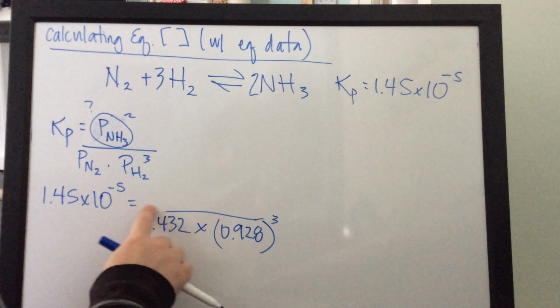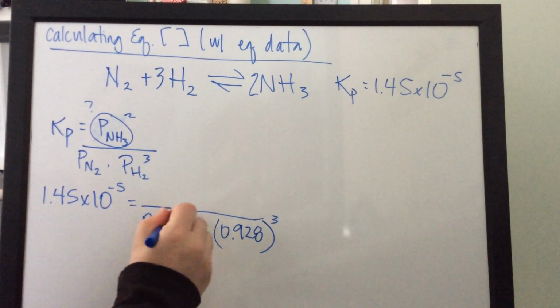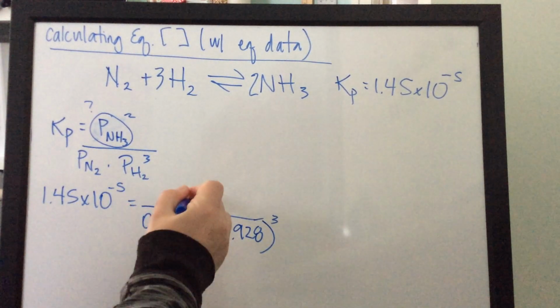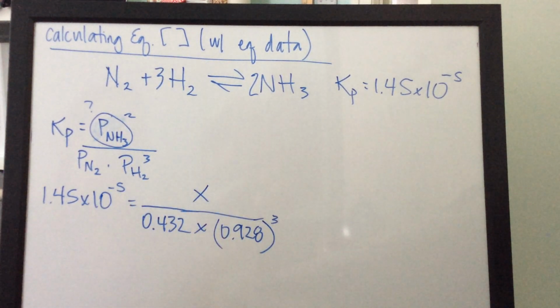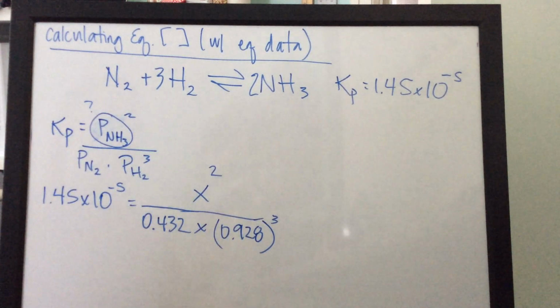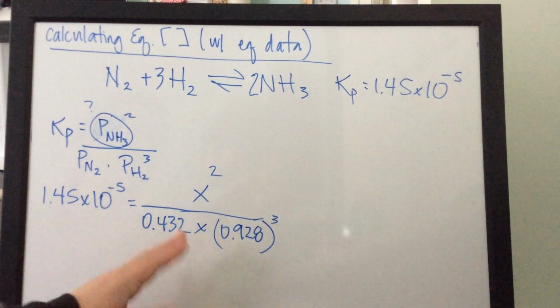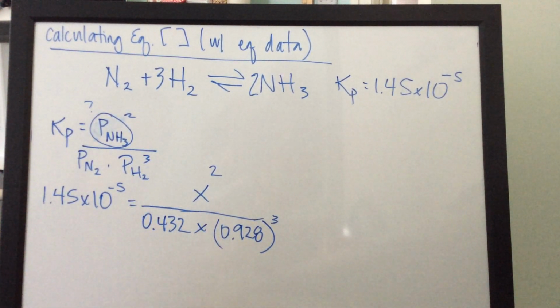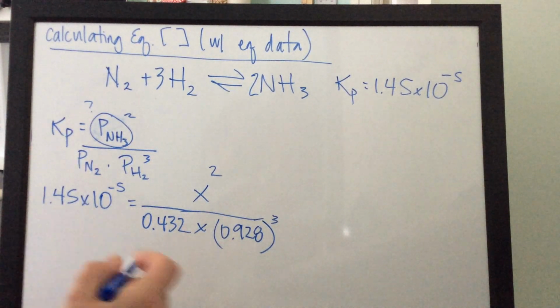Let me clean this up just a little bit. In this case, I'm going to solve for the partial pressure of the ammonia, but that value is squared. So I have an x squared in here, and this is a one variable equation. I have one unknown, and so I should very quickly be able to solve this.